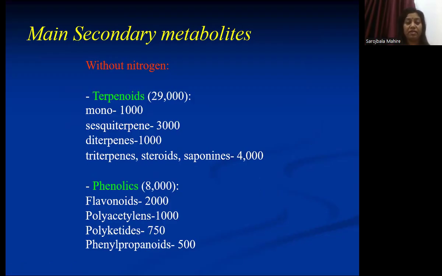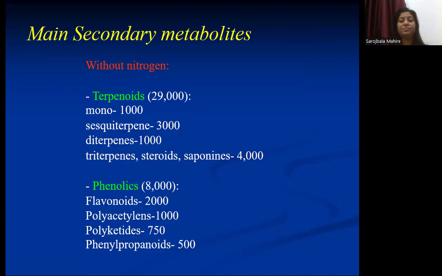Monoterpenoids are near about 1,000. Sesquiterpenoids near about 3,000. Diterpenoids near about 1,000. So there are different types of terpenes. Triterpenes, steroids, and saponins are near about 4,000.